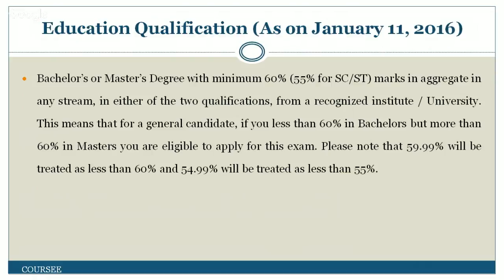This means that for general candidates, if you have less than 60% in bachelor's but more than 60% in master's, you are eligible to apply for this exam. Please note that 59.99% will be treated as less than 60% and 54.99% will be treated as less than 55%.